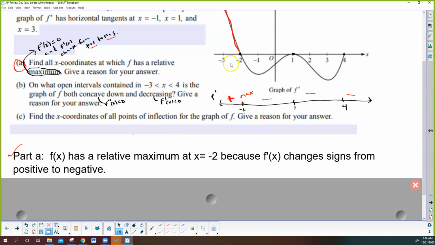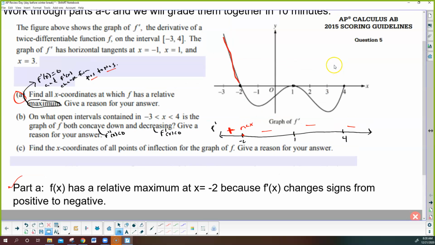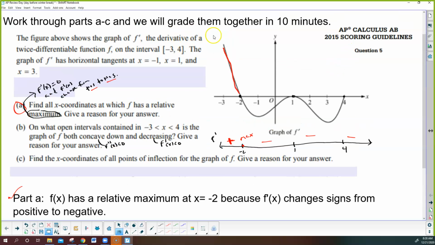So I need to make a sign chart for the second derivative here. And I don't have a lot of space, so I'm going to do that right above here quick. And unfortunately, I'm going to go into this slide here. So I need to look for where do I have slopes for the f prime that are 0.